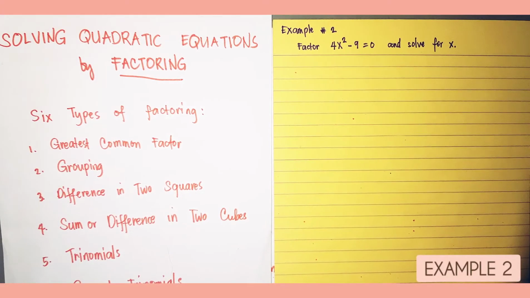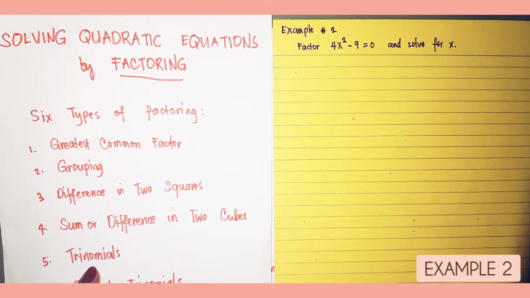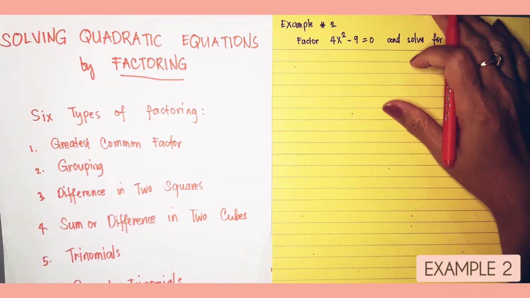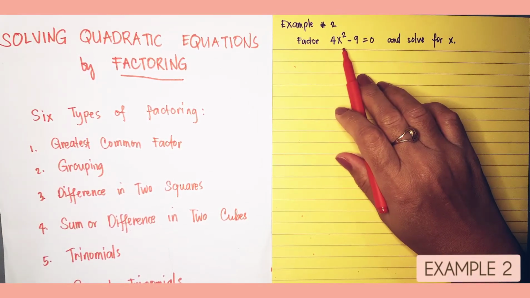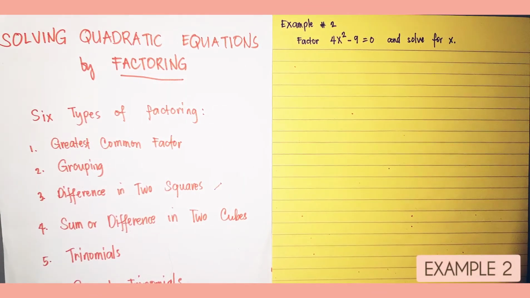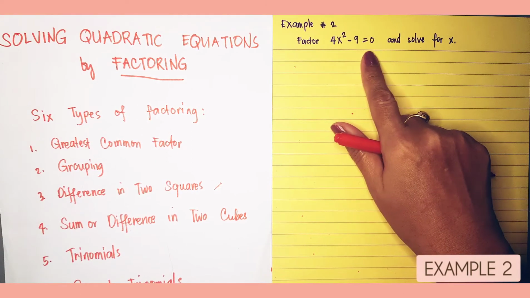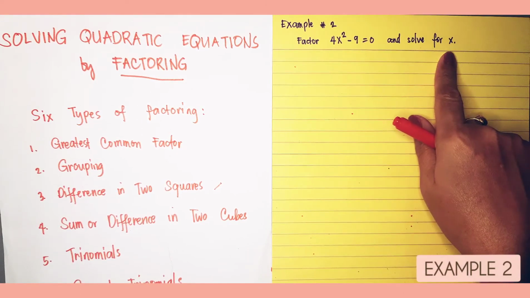Now, the first example we solved is factoring by trinomials. Now, in this second example, this is an example of factoring by the difference of two squares. Factor 4x squared minus 9 equals 0 and solve for x.